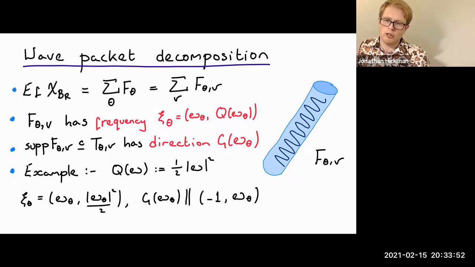There's a one-to-one correspondence between the frequency of the tube and the direction of the tube. And we can see this very easily in our example, because once we fix the frequency, we fix this omega theta, and then that clearly dictates the direction of the tube and vice versa. So there's this nice relationship between frequency and direction.